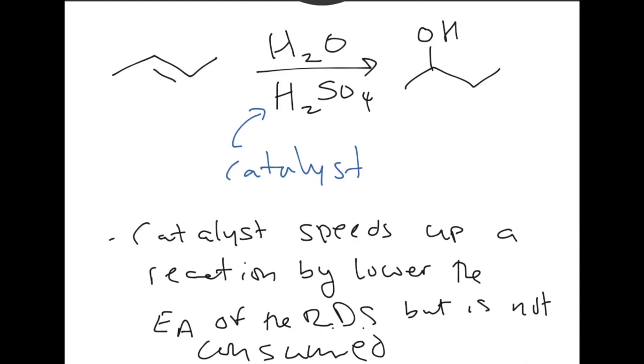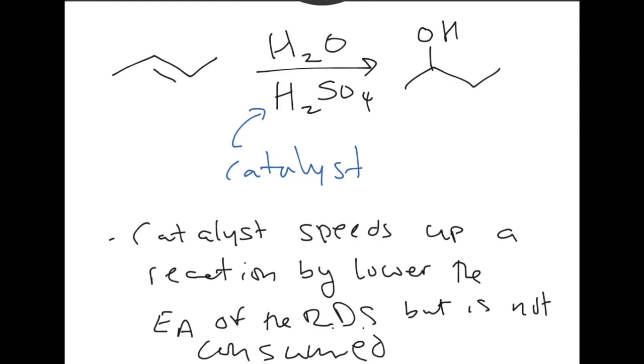And when something's a catalyst, it means you need a small amount of it. In theory, we could do this, and we could have an entire mole of 2-butene, which is 6.02 times 10 to the 23rd molecules. We could react all of those with just one molecule of sulfuric acid, because the acid keeps getting regenerated step after step after step.